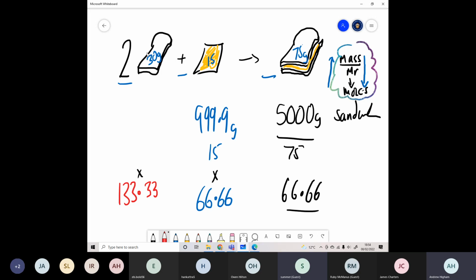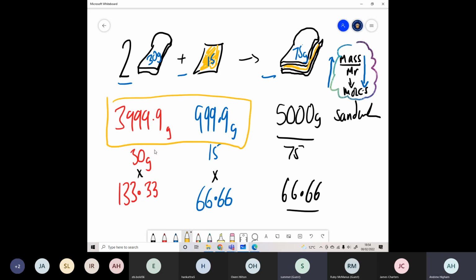So all we need to do is take this 30 grams and times it by 133.33, and we should come out with 3,999.9. I'm not the best mathematician in the world, but by the time you round this up to 4,000 and 1,000, that would equal the 5,000 on that side.